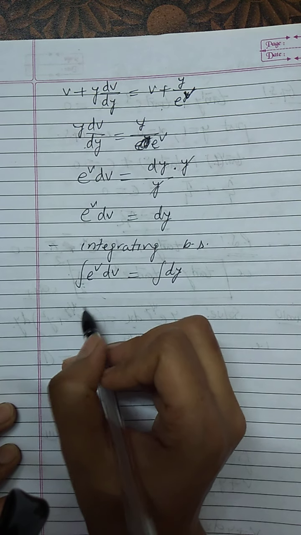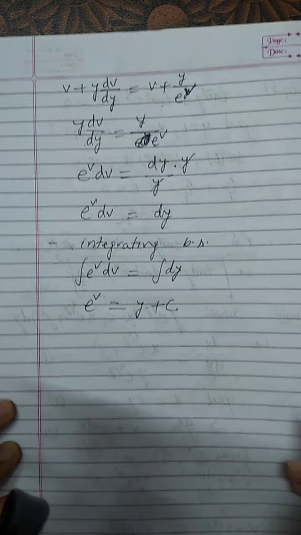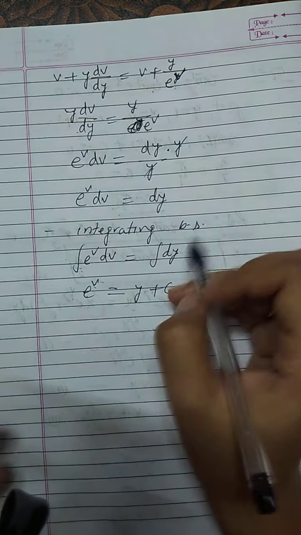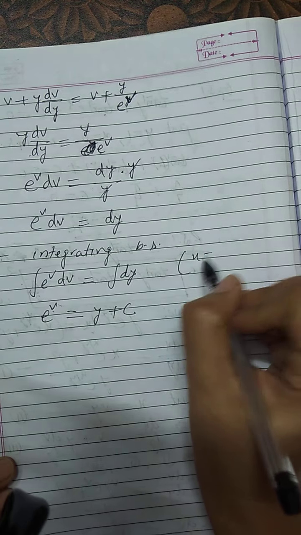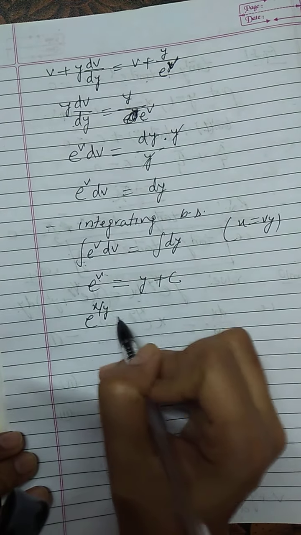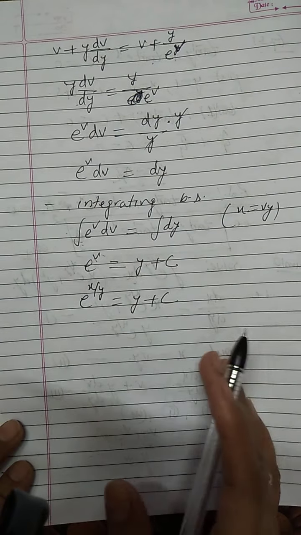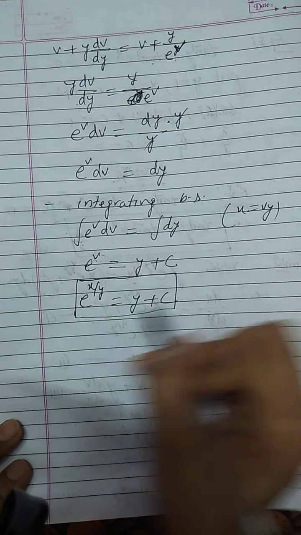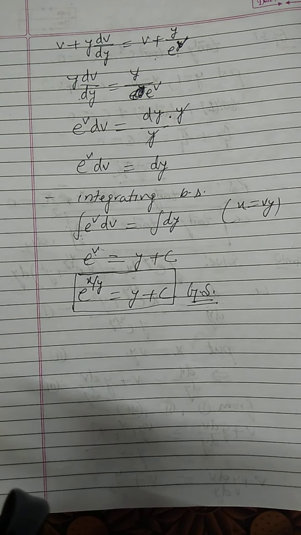So the integral of e raised to power v is e raised to power v, which equals y plus constant, and for the value of v, we substitute x as vy, so the value of v will be x upon y, so e raised to power x upon y equals y plus constant. Integration is done, value is substituted, that's it. So this should be our general solution, or just the solution of the given differential equation.